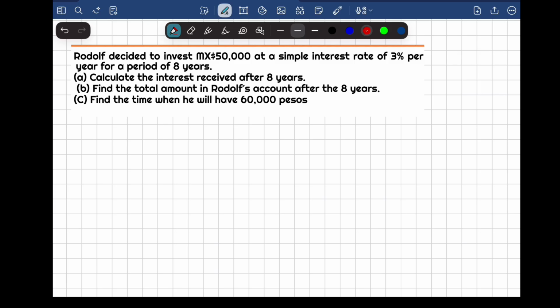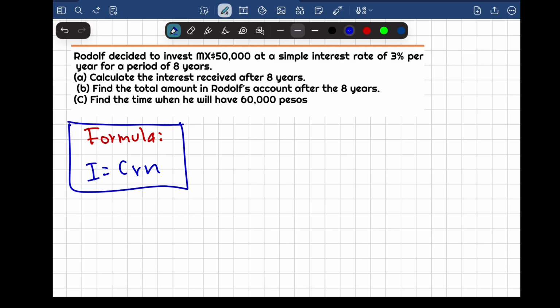So first, what do we have? We have a formula. The formula is the interest is CRN. Then, according to the problem, what do we have? The 50,000 pesos, in this case, would be the capital.